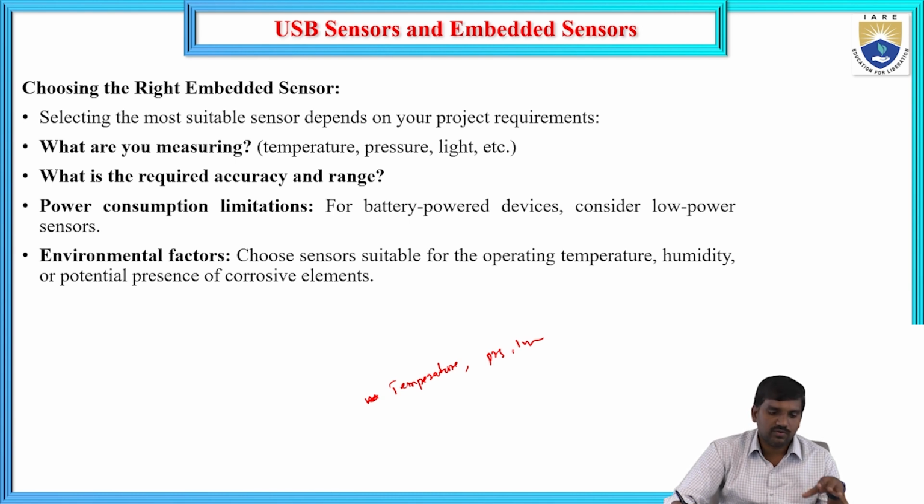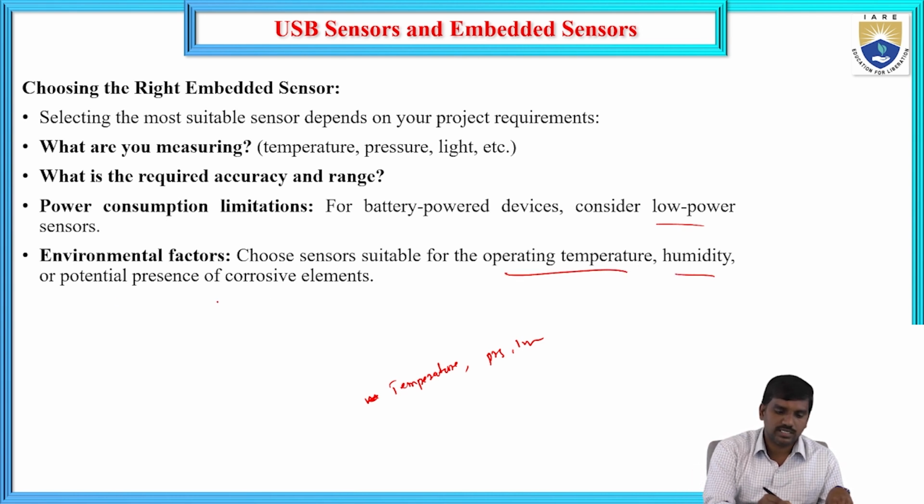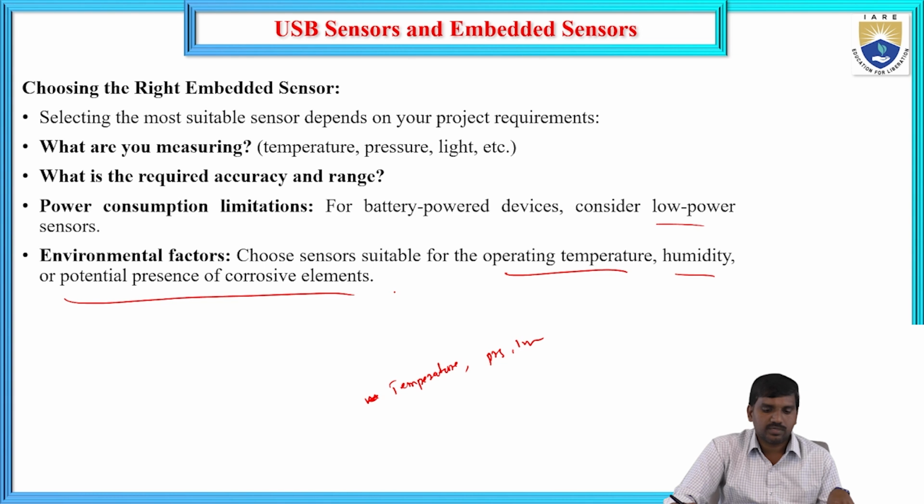Consider power consumption limitations: for battery-powered devices, consider low power sensors. For environmental factors, choose sensors suitable for the operating temperature, humidity, or potential presence of corrosive elements. So these are the ways of choosing the right embedded sensors to develop IoT projects in real time.